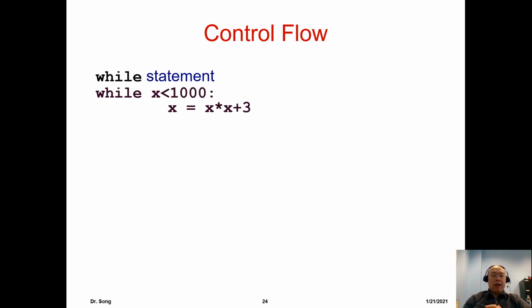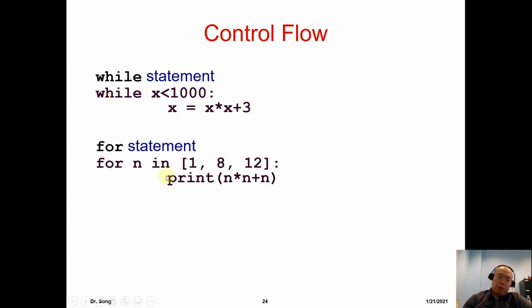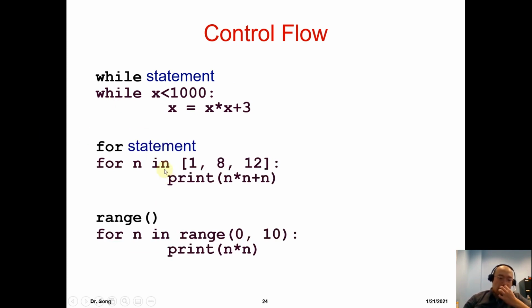In the next part of control flow, we can do a couple of different ways for the iteration. Say we can do a while loop, we can do a for loop, and for the for loop, usually we want to do the ranges. For example, if you want to create an iteration that runs for exactly 10 times, you can do for n in the range from 0 to 10, and this will guarantee to run for a total of 10 times.